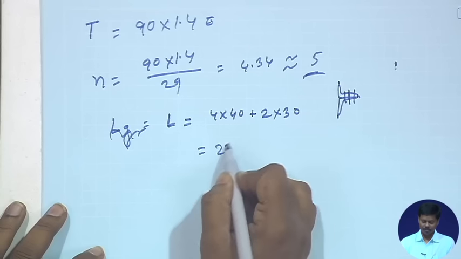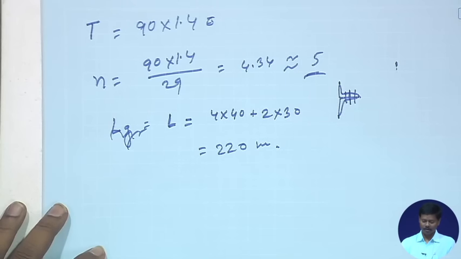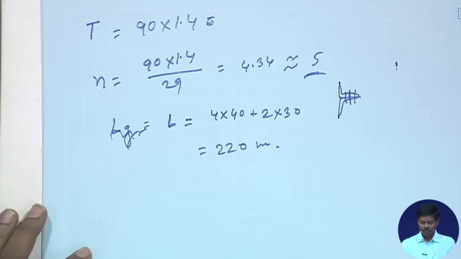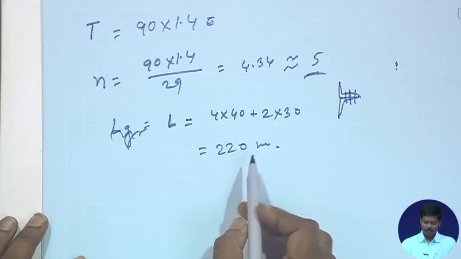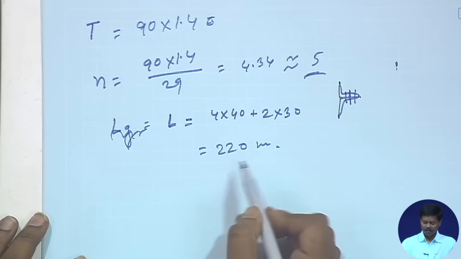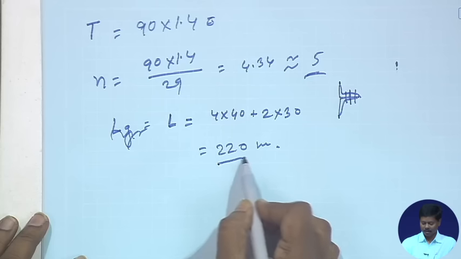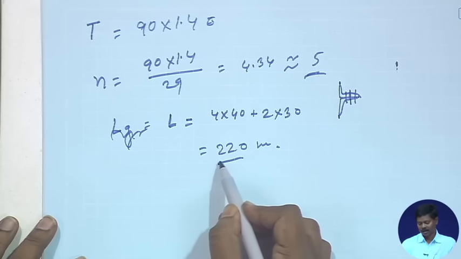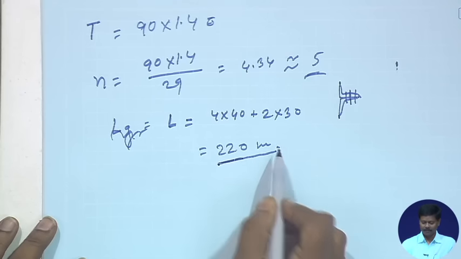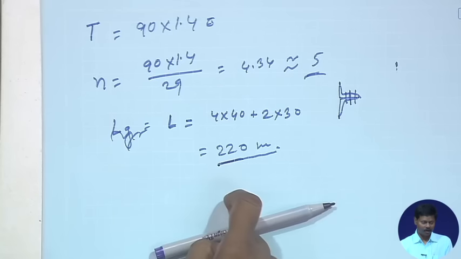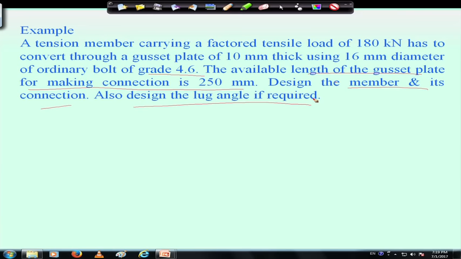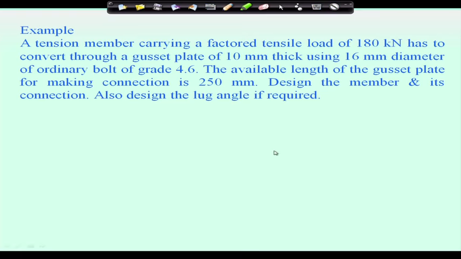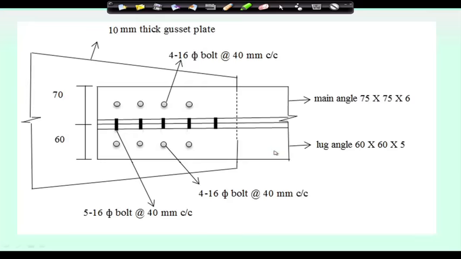So, this is coming 220 mm, right. So, this is how we can find out that the length of the main angle or the lug angle should at least have 220 mm, right. Now, if we see in the diagram, this is how it will look.